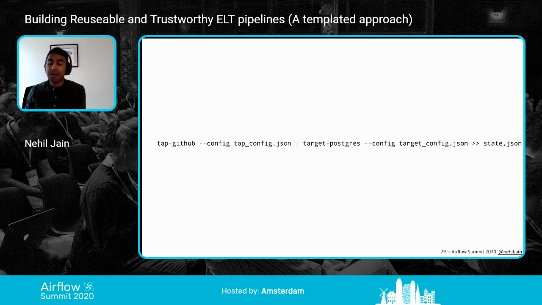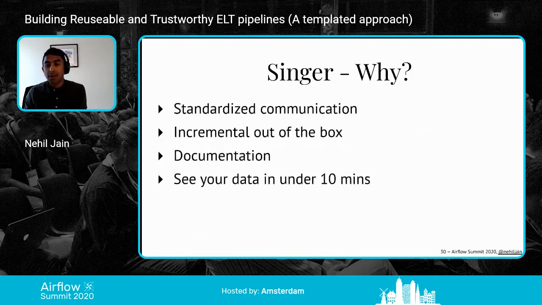You have everything ready. And then the state JSON in the end is an output that comes out of target, which snapshots that this much work is already done. So suppose you kill the process and you run it again, it will work from the previous state of the process, where it will pick it up and not redo the work of extracting all the way from the beginning.